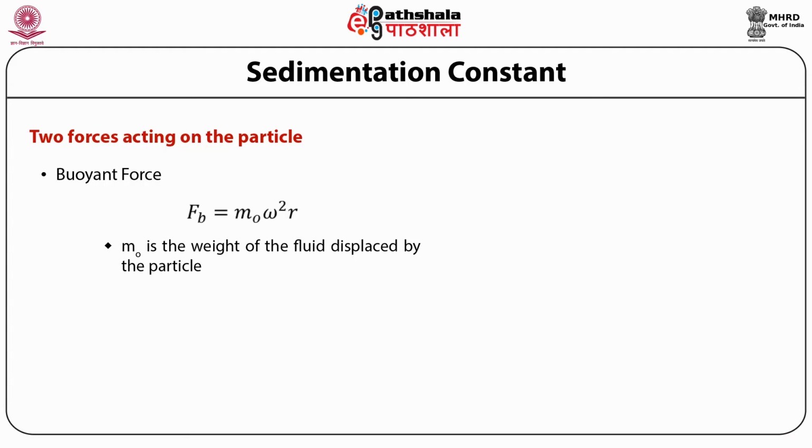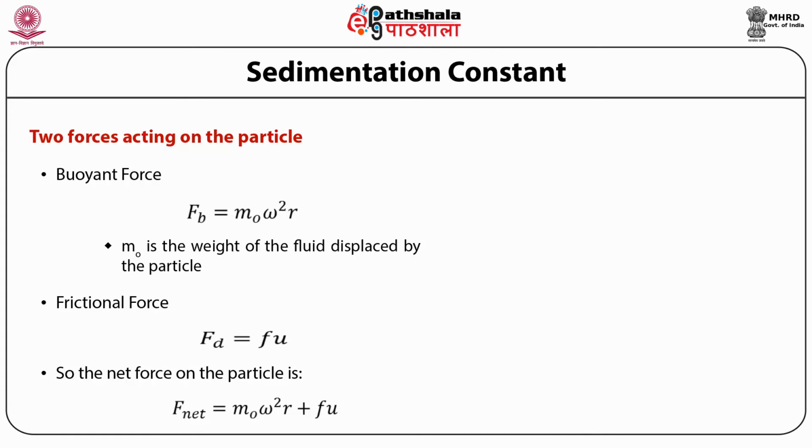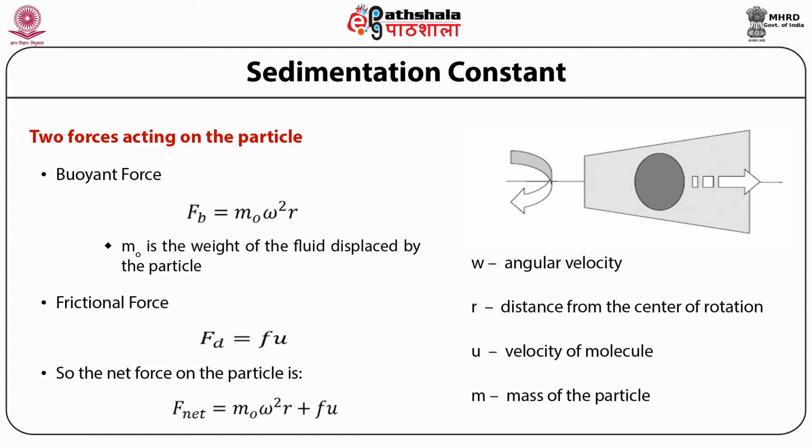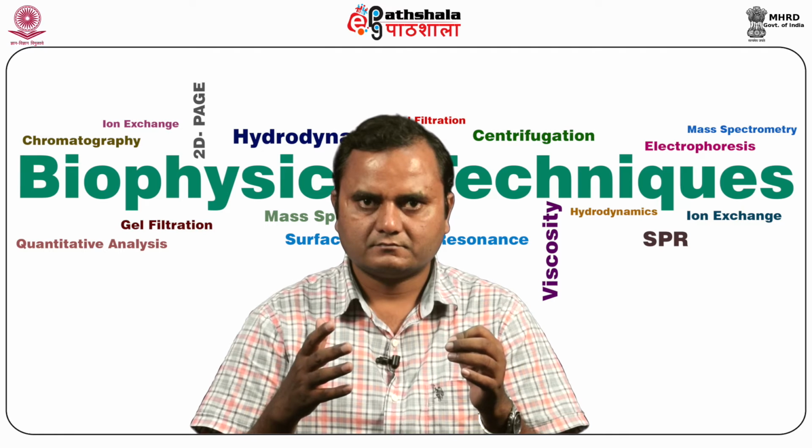The other force is the frictional force, which is given as Fv, so that the net force on the particle is zero, given as F net equals m omega squared r plus Fv. So for the sedimentation constant, the net force on the particle is equal to the mass times the acceleration, which in this case is the angular velocity squared times the radius.